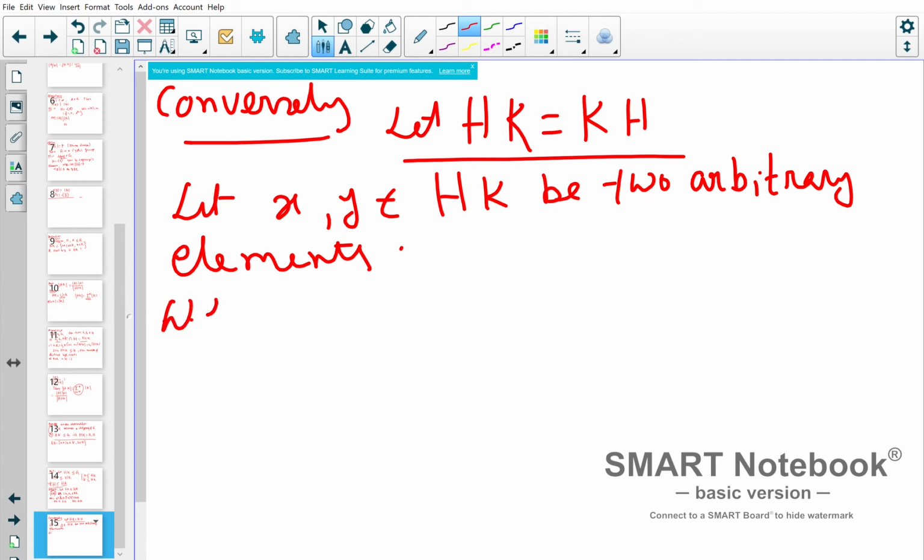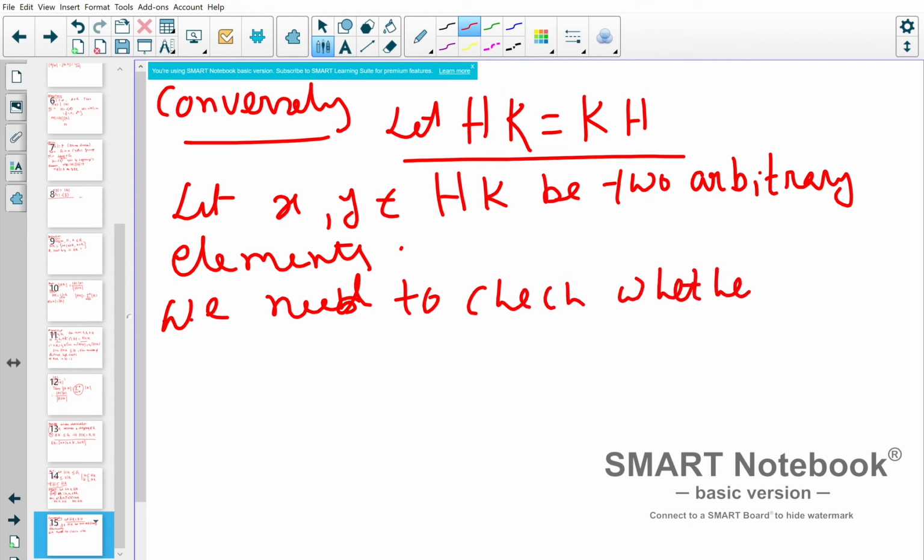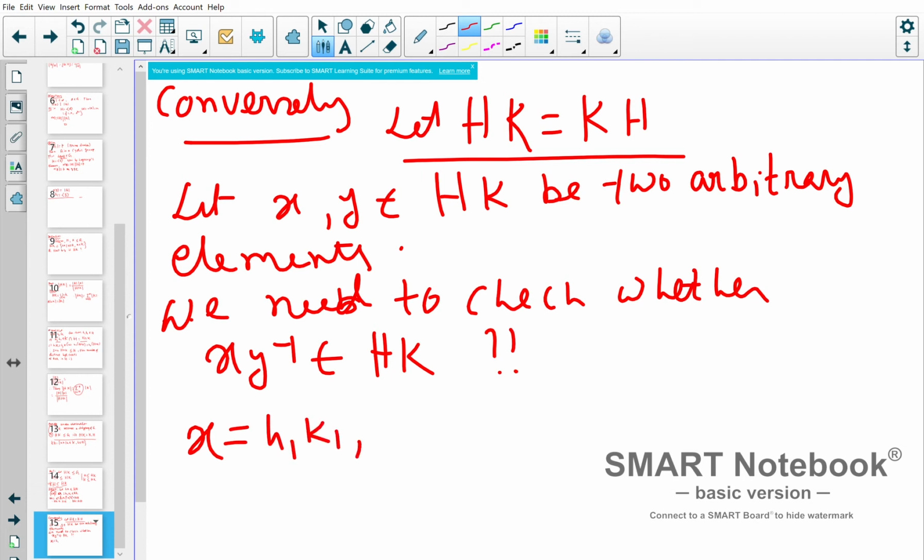So we need to check whether xy inverse is an element of HK or not. Okay, this we need to check. Okay, now how to check it? So let me start with this. So x is element of HK, so we can write down as some h1 k1. Similarly, y you can write down some h2 k2. Okay, and then what happened?